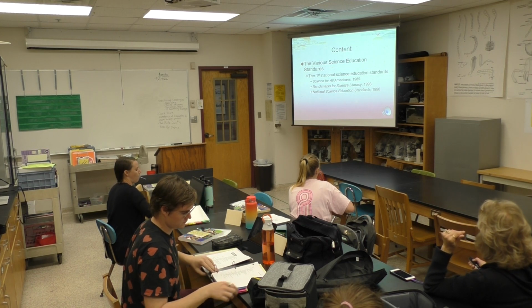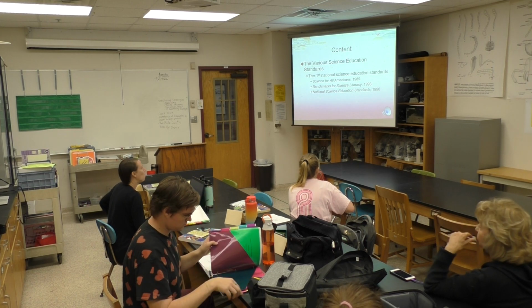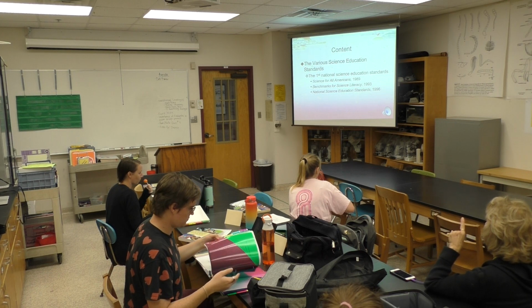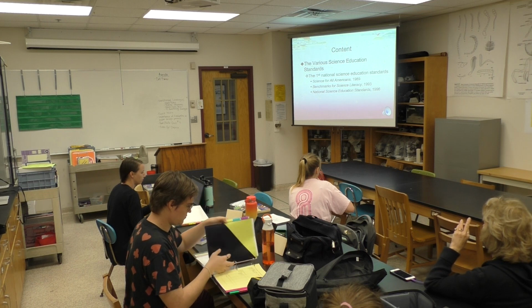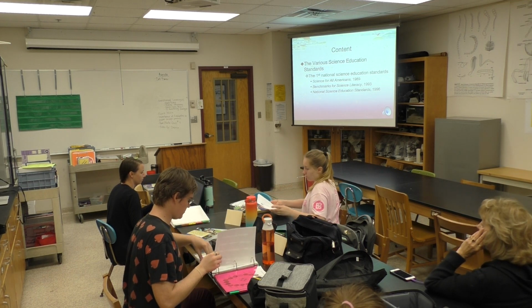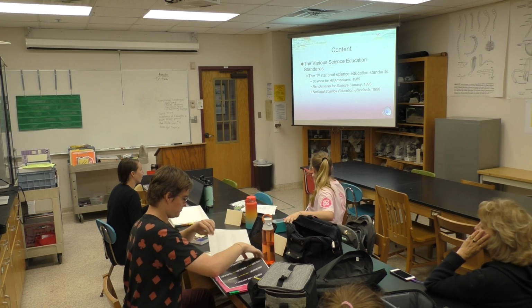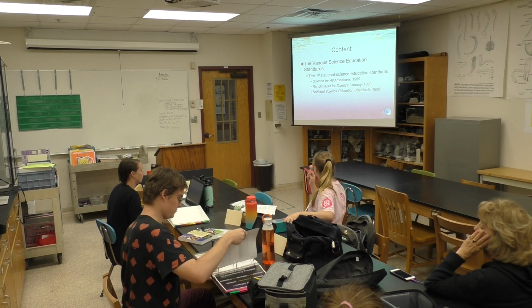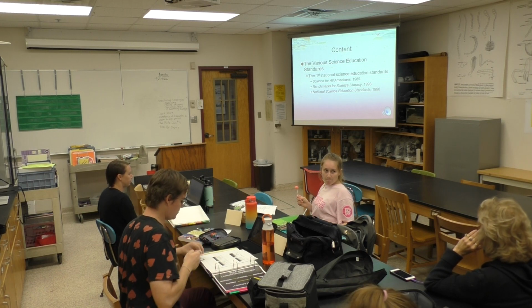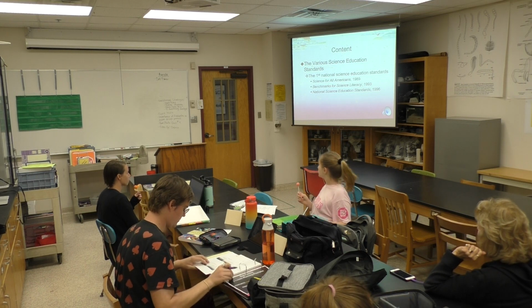And then the National Science Education Standards came out, and there are a couple of differences in the NSES from the BSL. So what is one difference? Name one difference. We just talked about it. The grade bands. So what are the grade bands for the NSES?